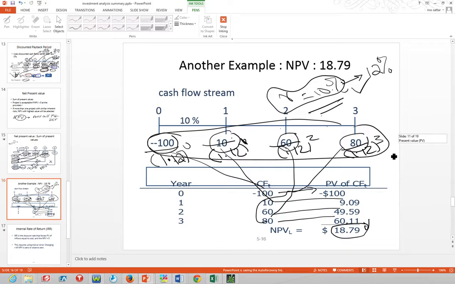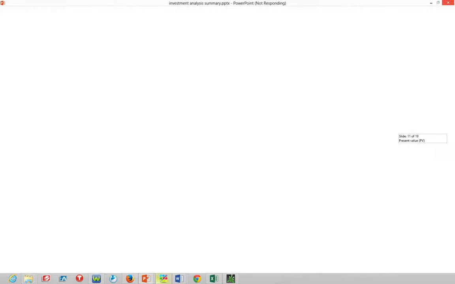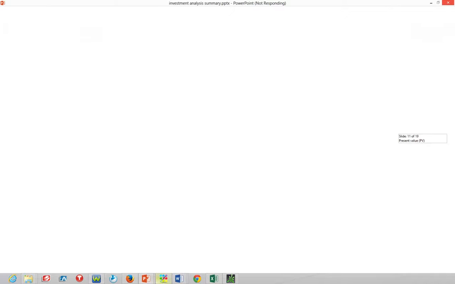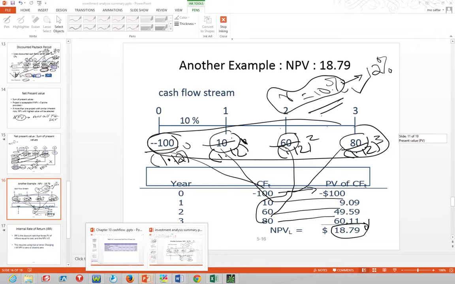Obviously, in this case, these numbers will be smaller, and so your NPV will be less. I'm going to make that point again in a separate slide.